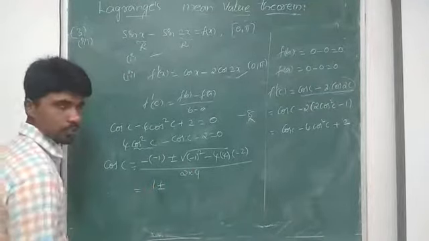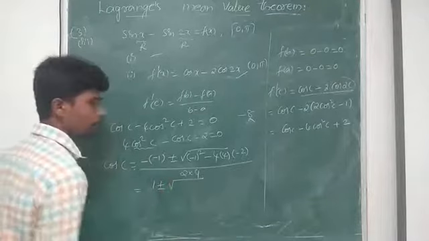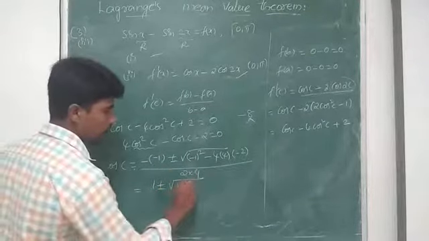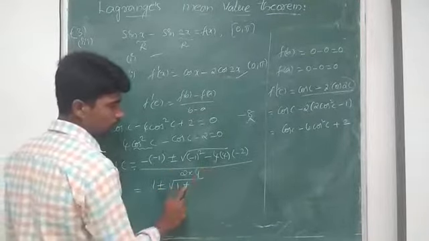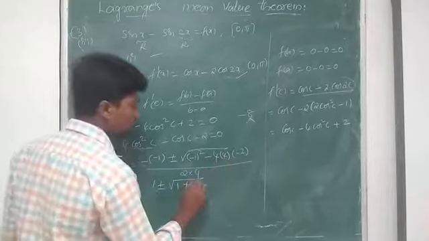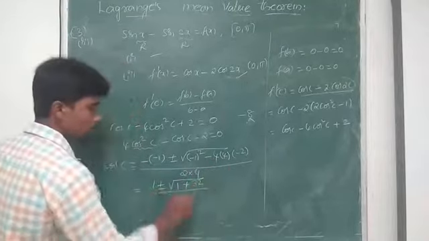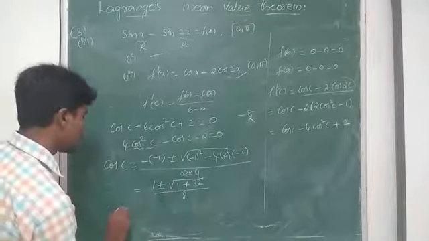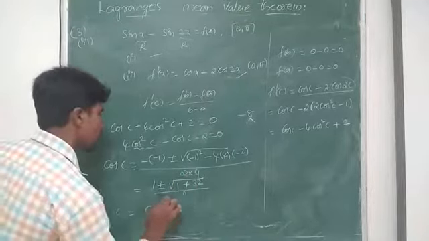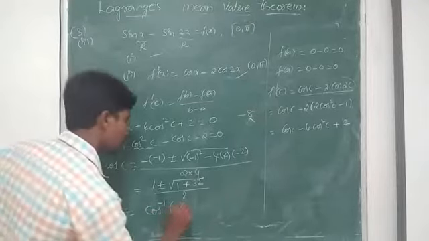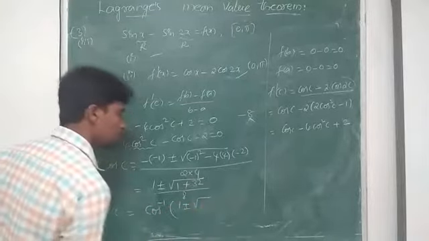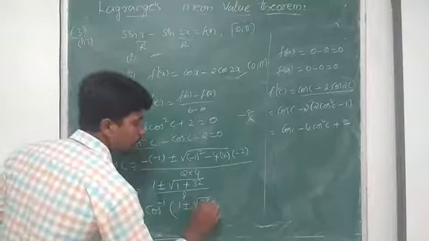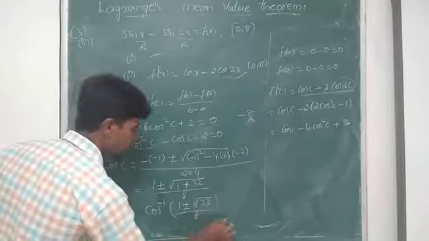Now if I simplify, what do I get? 1 plus or minus root of 1 square is 1 plus, 4 4s are 16, 16 2s are 32, by 2 4s are 8. So finally I want to say C is equal to cos inverse of 1 plus or minus root 1 plus 32, 33, by 8.